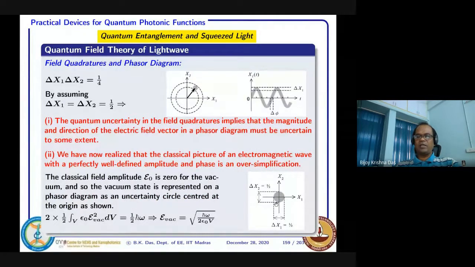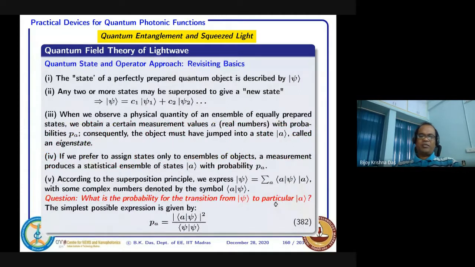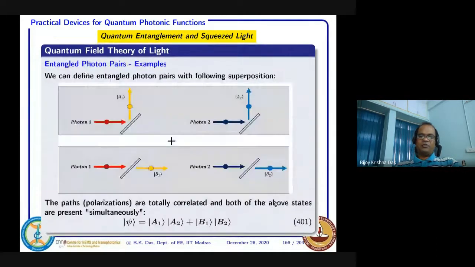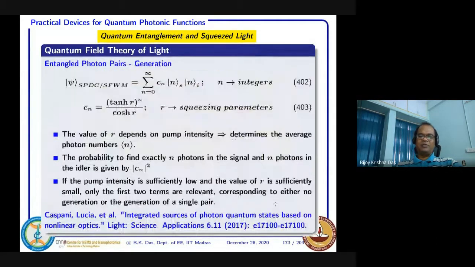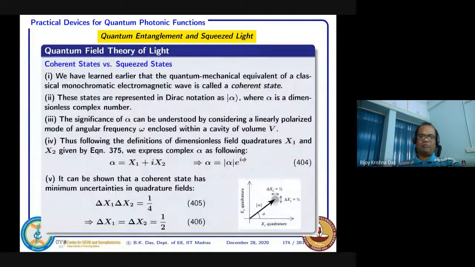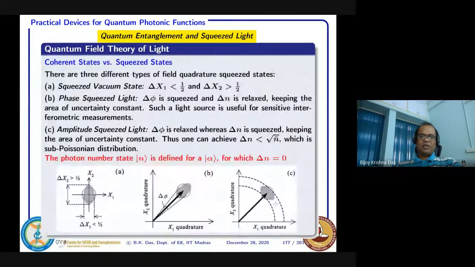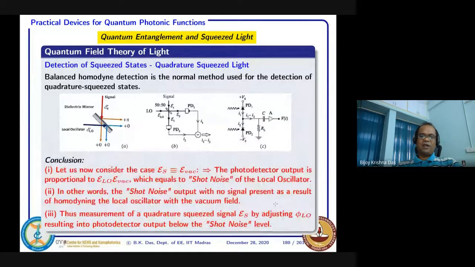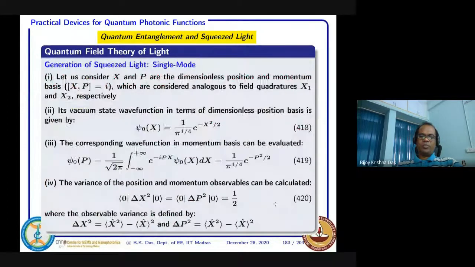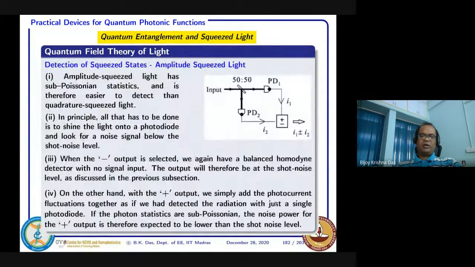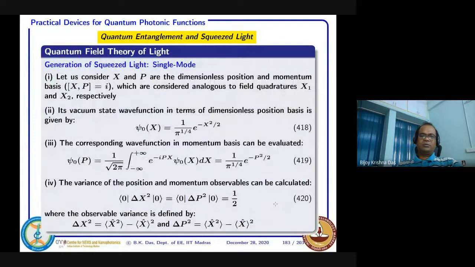There also, ground state means the zero-point energy wave function. Instead of quadratures x1, x2, we have something like this. In the momentum domain it is Gaussian, and in the position domain it is also Gaussian.